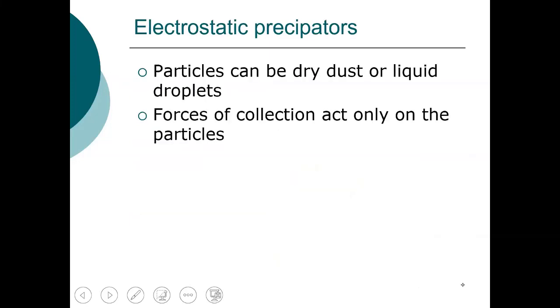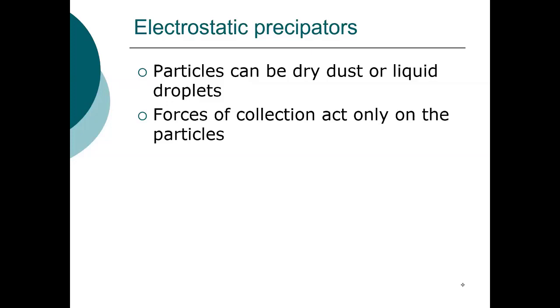The difference between an electrostatic precipitator and many of the other units that we've talked about or will talk about is that the forces of collection act only on the particles. So the gas is not affected by the process itself.